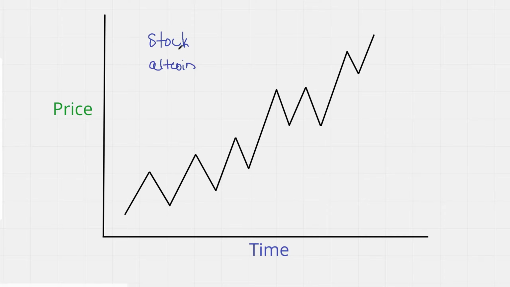And the same can be said for an altcoin, where in the beginning the price of it will be low, but as the demand for it increases over time, and let's imagine that the overall project behind a certain altcoin is pretty good, then the market demand will go up and the price of it will gradually go up over time.